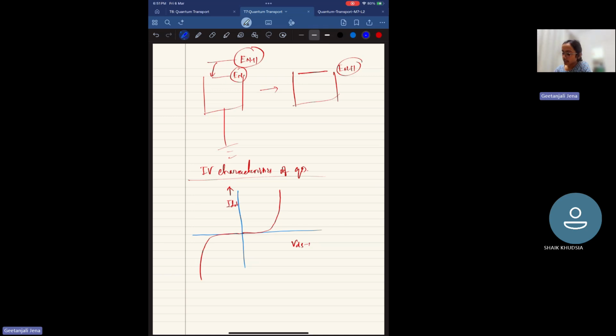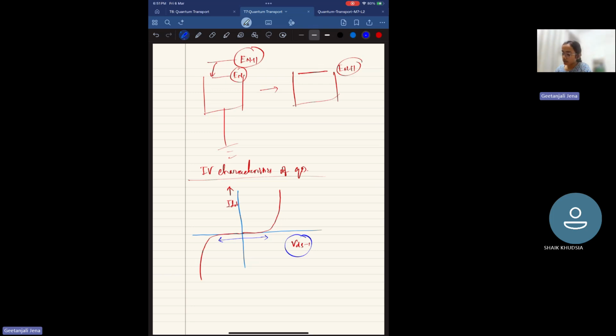Now, the question is whether it is possible to reduce this length. We can't tune this, so we can't decrease the size of this region so that we can see the tunneling even under a low value of VDS. For that case, what we need is to increase the gate voltage.